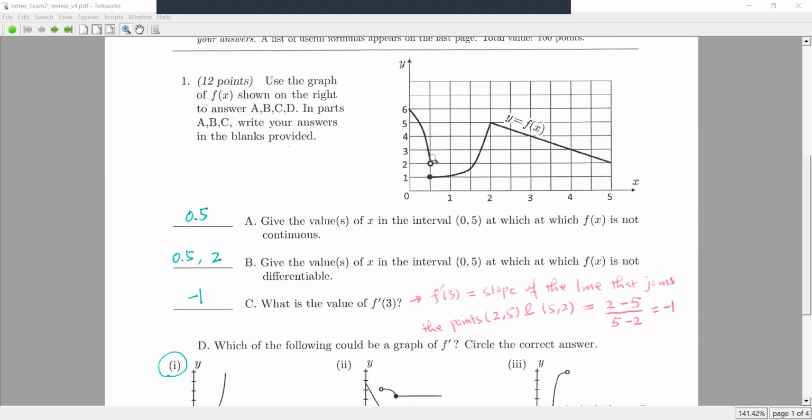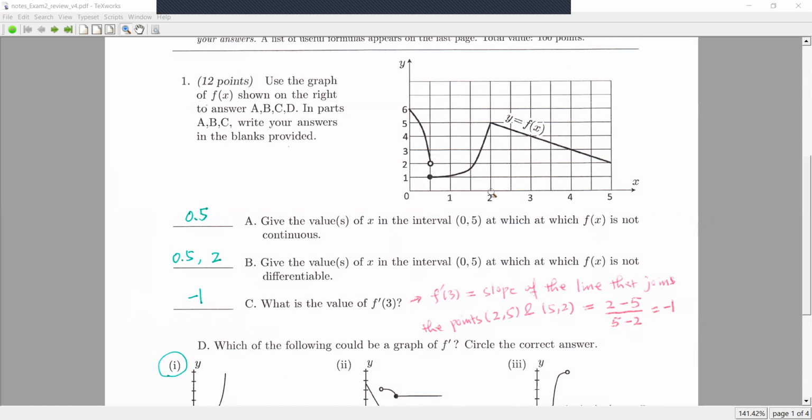When the graph is not continuous, there is no tangent line, because the derivative is the slope of the tangent line. No tangent line, therefore no derivative. In other words, not differentiable.